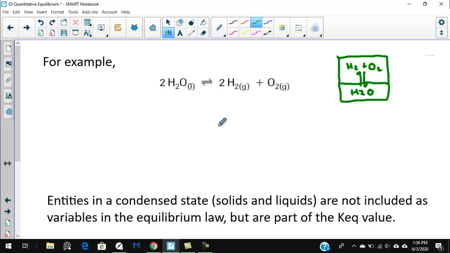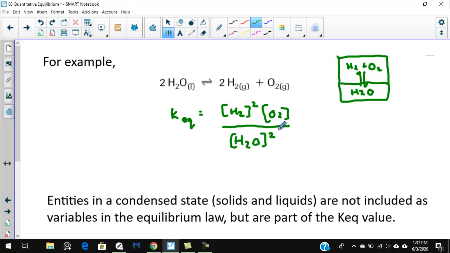So if we were to write out an equilibrium expression, we'd say that Keq is equal to the products. The way it's written right now, that's H2 raised to the power of 2 times O2 raised to the power of 1, because that's the coefficient in front of the O2, divided by H2O raised to the power of 2.